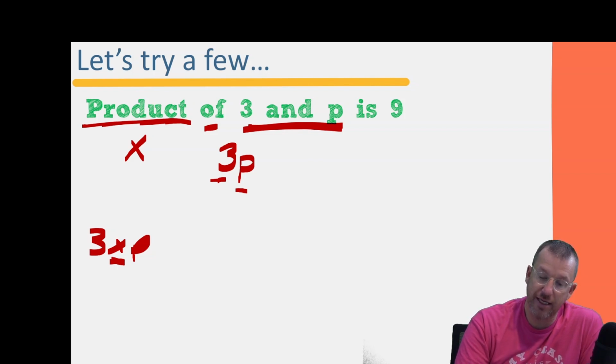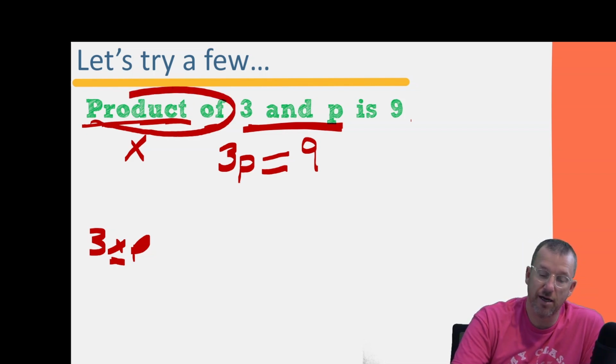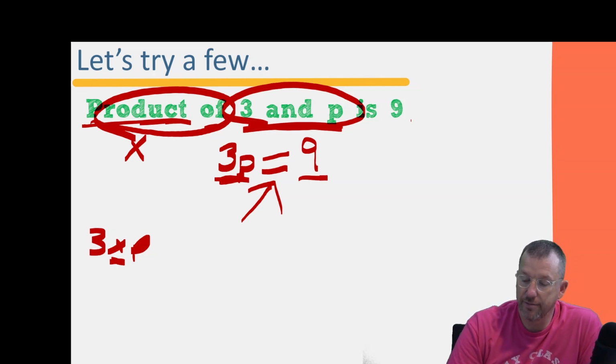What did I tell you that is equals? Is is the same thing as saying equals. And then what does it equal? It equals 9. 3P equals 9. The product of 3 and P, that's why we multiplied those together, is 9. All right, let's try another one.